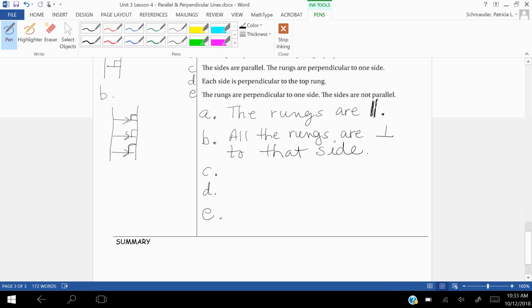All right. Actually, I'll tell you what they are. C, the rungs are perpendicular to the other side. D, the two sides are parallel.